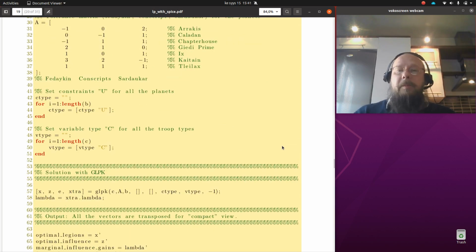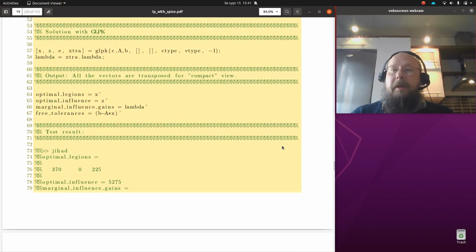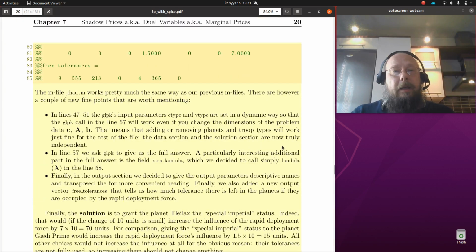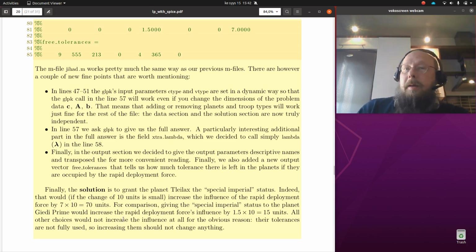So we should make the planet Tleilax bestow the special imperial status, and to be exact, assuming that this change of 10 units is small, it's not clear, we get 7 times 10 units of influence for our force.